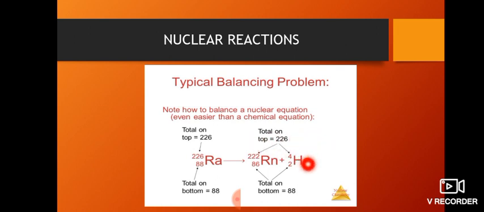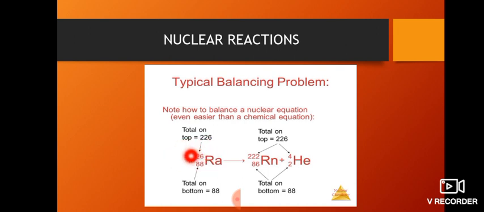When you come to nuclear reactions, they are different. We have to indicate both the mass number of the atom and the atomic number. So in every nuclear reaction, you will see that we write the mass number and the atomic number. In balancing them, we have to make sure whatever is on your left hand side is equal to what you have on your right hand side.